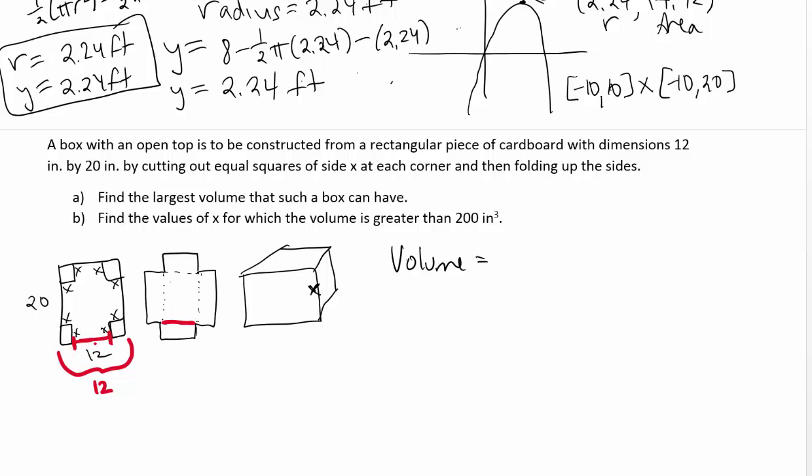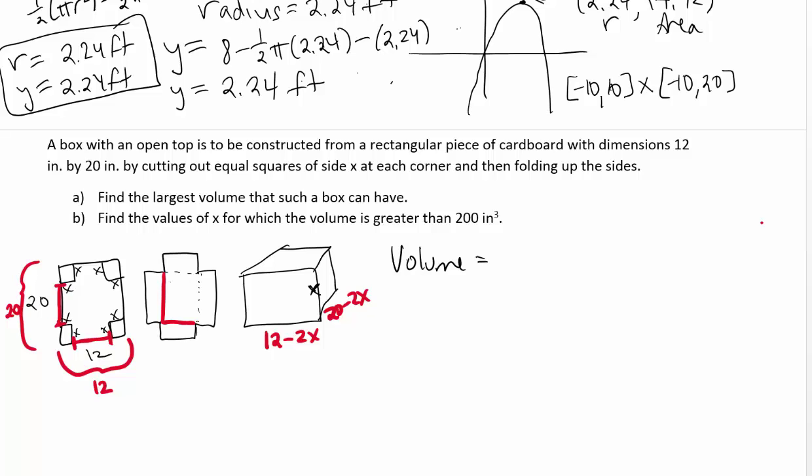So this new length in the middle must be 12 minus the 2 x's that we cut from the 2 corners. Okay? And likewise, if we want this width here, that comes from this length right there, which is this distance right here. And that's this whole 20 minus this little x that we cut away and minus this little x that we cut away. So this must be 20 minus 2x.